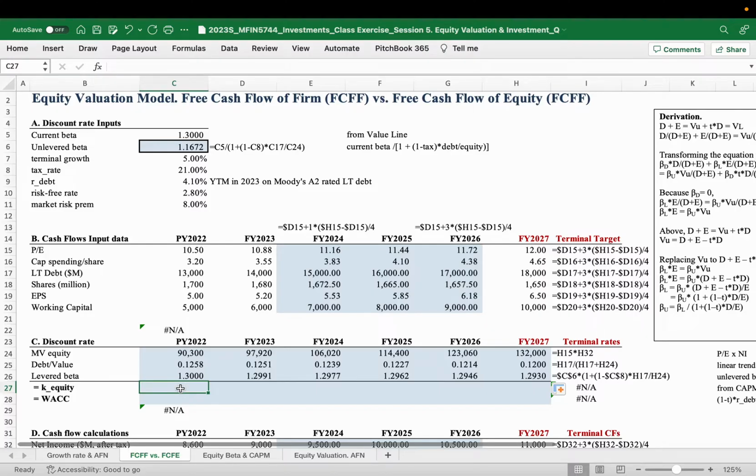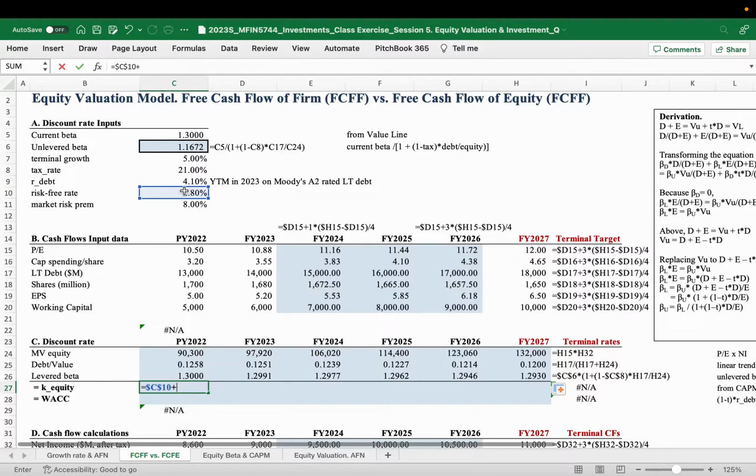So how to calculate now the cost of equity? Cost of equity, based on the CAPM model. Where is the risk-free rate? There we go. So I want to fix plus, what do you need now?